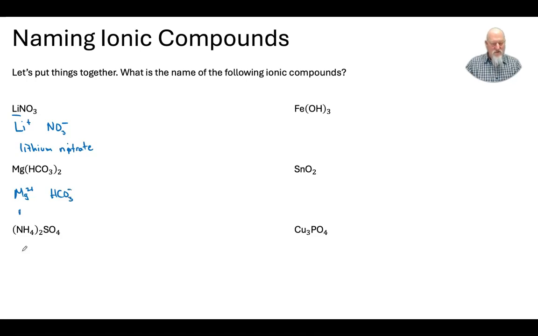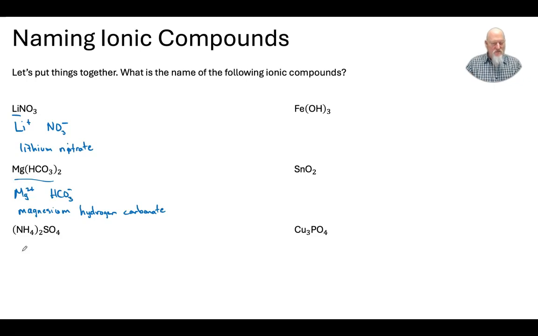Mg2+ is called the magnesium ion, so magnesium. And HCO3 minus, if we go back to our table, is called hydrogen carbonate or bicarbonate. You can put either. I'm going to put hydrogen carbonate. So this formula is magnesium hydrogen carbonate.